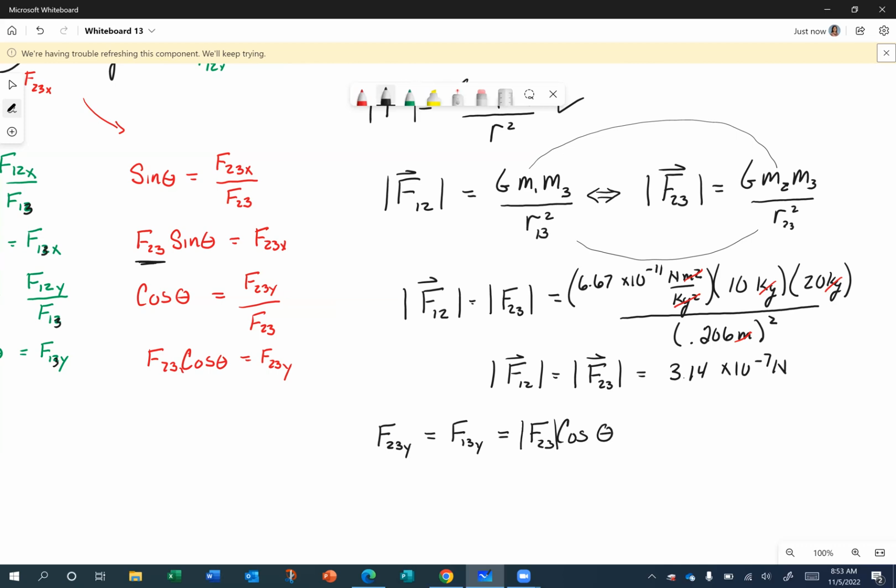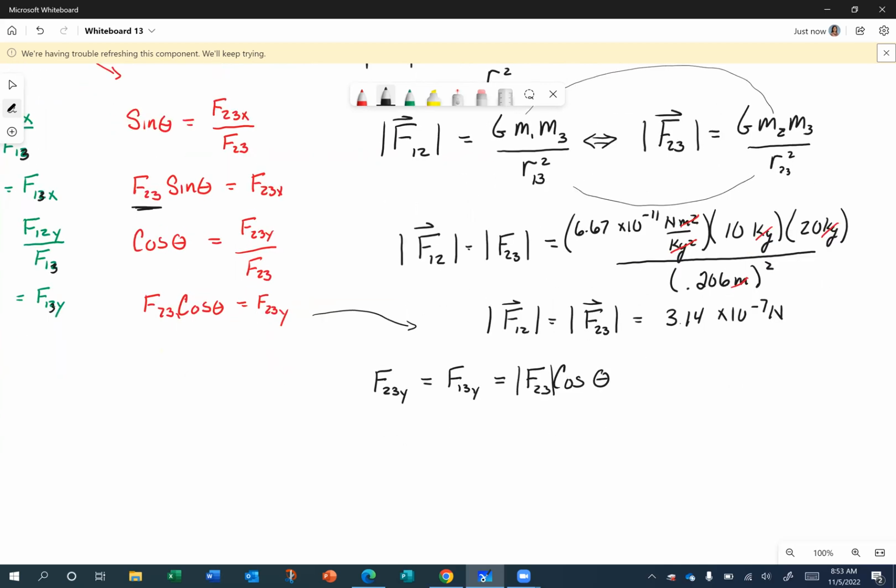It'll be the magnitude of F2,3. So combining these, that's equal to 3.14 times 10 to the minus 7 newtons cosine 14.04 degrees.